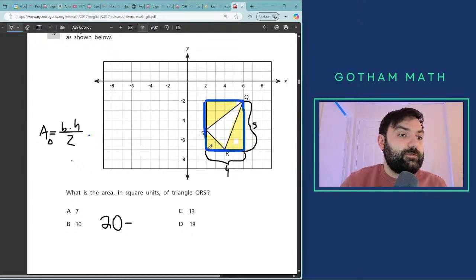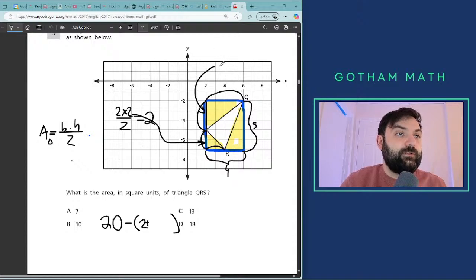In this one, the base is 2 and the height is 2, so 2 times 2 over 2, which is 4 over 2, which is 2. So minus 2, plus. Now we have to find that one. It's going to be 3 times 4 over 2.